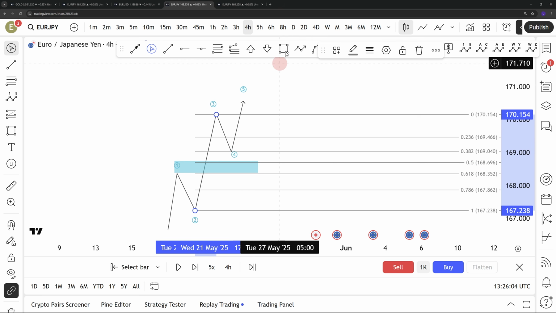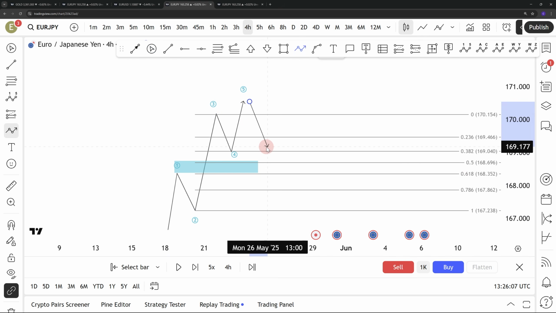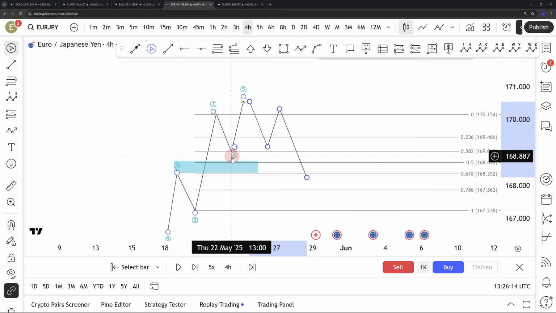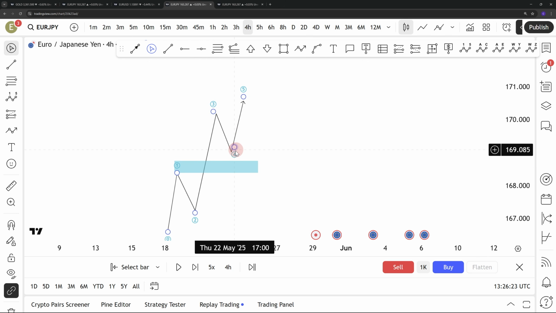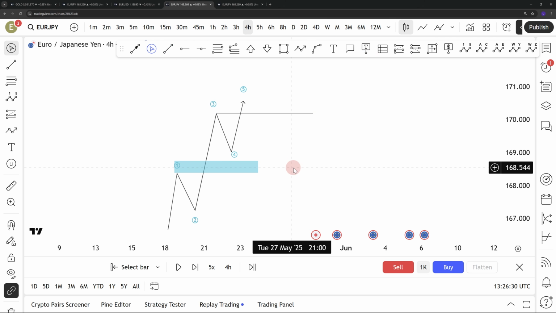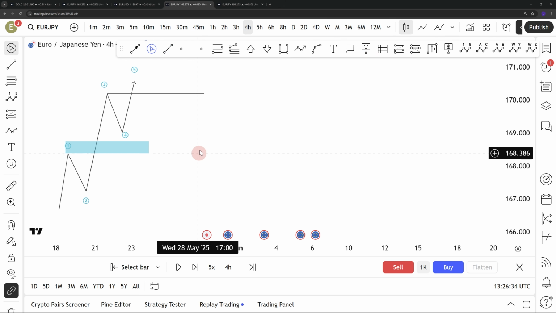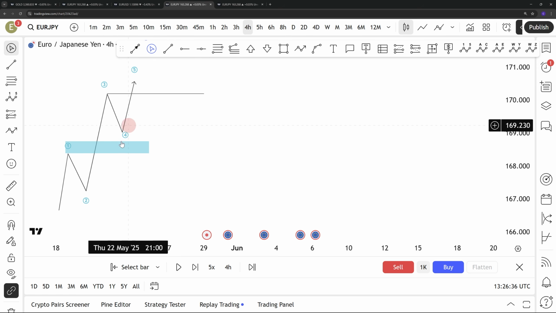This is an impulse, and after every impulse, price has to correct. And this correction obviously might even go below number 4 here. And obviously, if you see this kind of thing, that means the market is likely to break this high. So for those who are using fair value gaps, you will see that they will be looking at this to be a gap that needs to be filled.